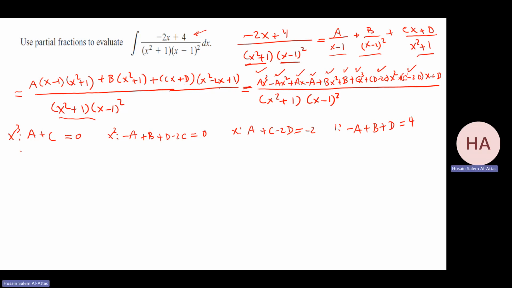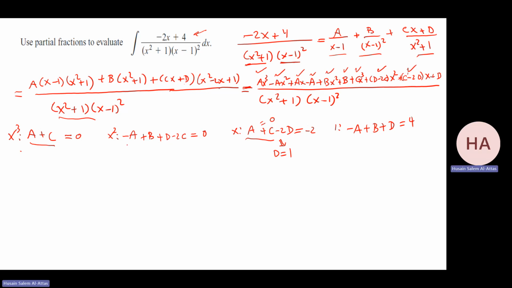Okay, now I need to solve 4 equations. I need some tricks to do that. If you notice, I have A plus C equals 0, and this is A plus C, so this is 0. So that means D equals 1. Good. Okay, D equals 1.